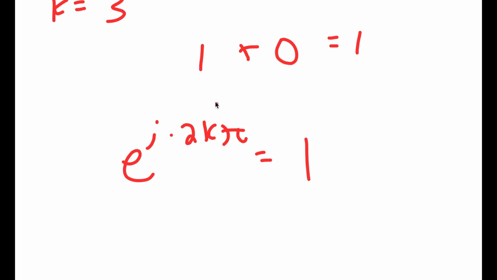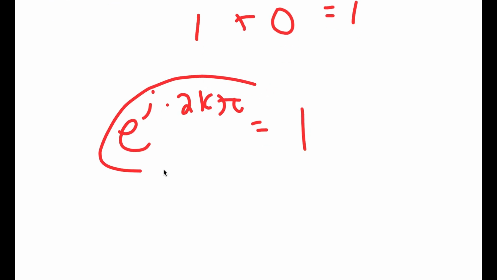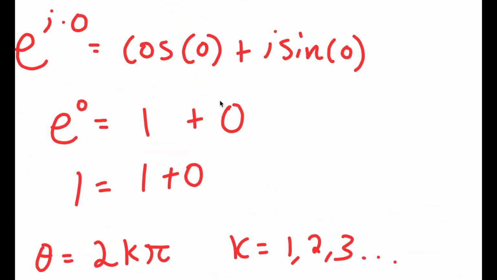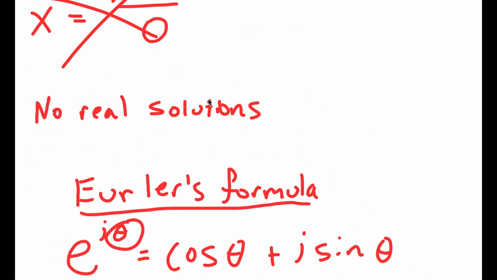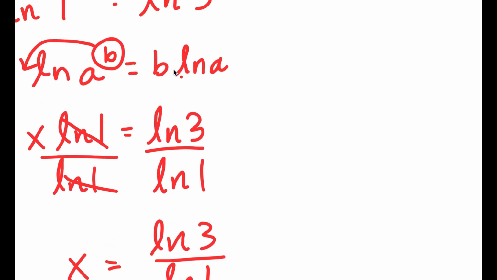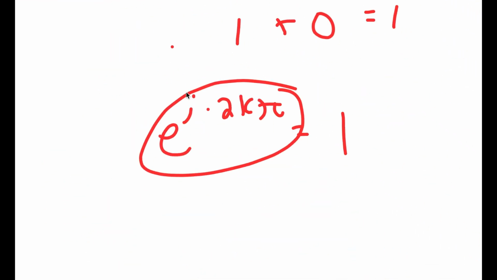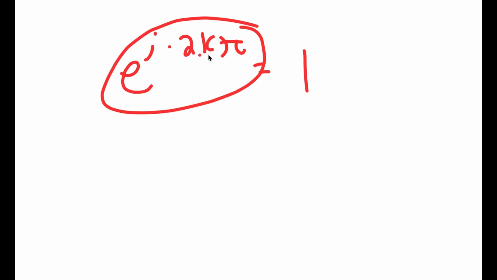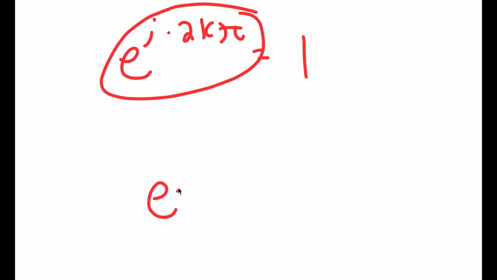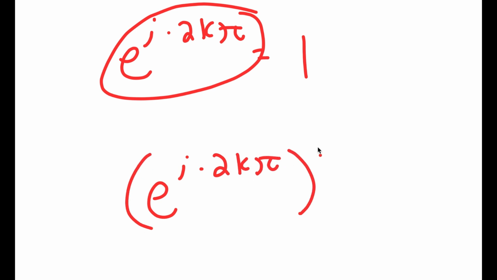So now this means that we can substitute this back into our original equation, which is 1 to the power of x is equal to 3. We can substitute in e to the power of i times 2k pi for 1. So now I get e to the power of i times 2k pi, all to the power of x, is equal to 3, and this is my new equation.